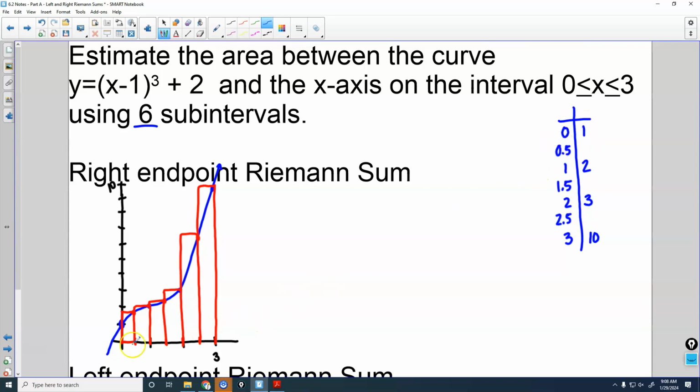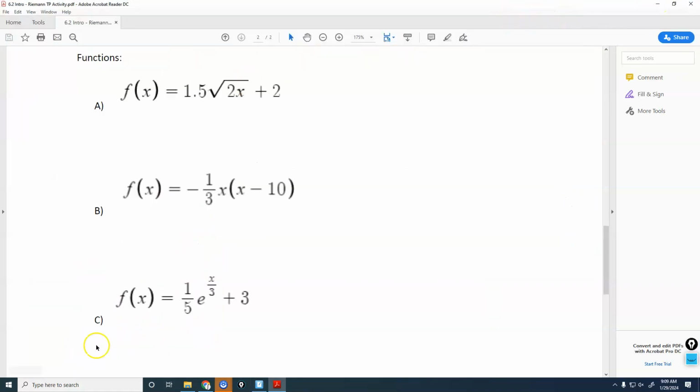So, for this first rectangle, what would I need to do to find the height of the rectangle? Because that corner right there that is on the graph, its x coordinate is 0.5, right? So we're going to plug in 0.5.